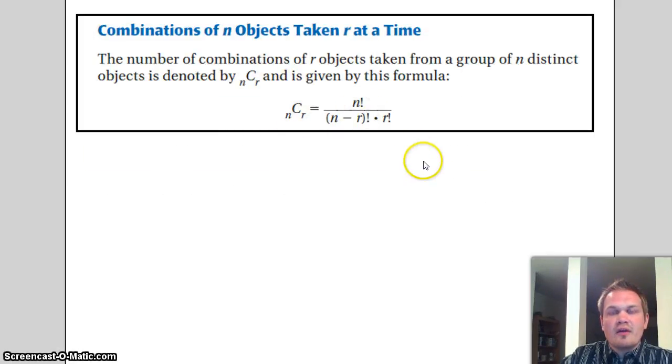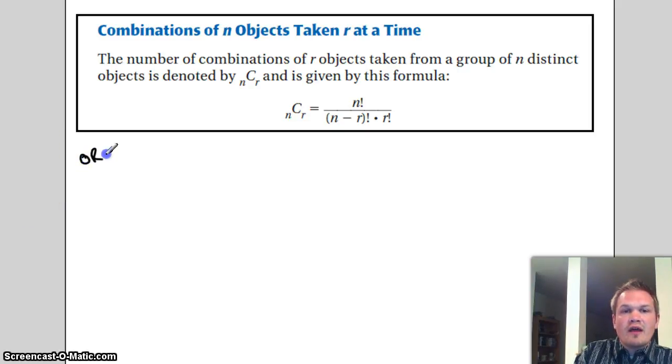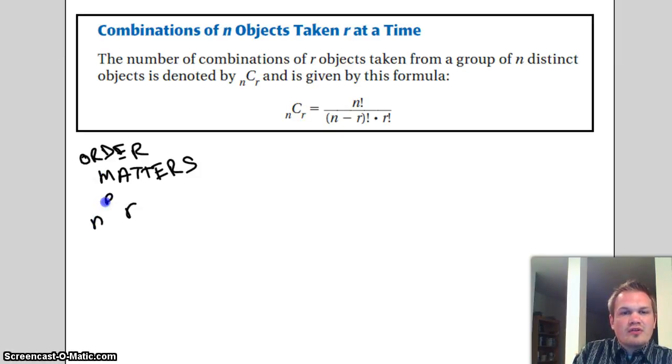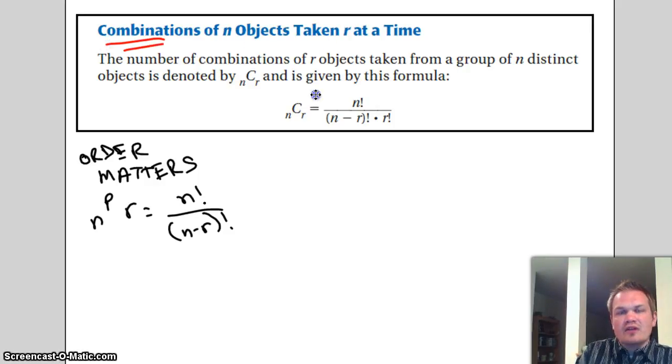Now I talked about how before we had a formula for permutations, when order matters: nPr, where you chose n topics and you actually picked r of them and the order mattered. And that was n factorial over n minus r factorial. When the order doesn't matter, and that's what you have with a combination, you have something kind of similar.